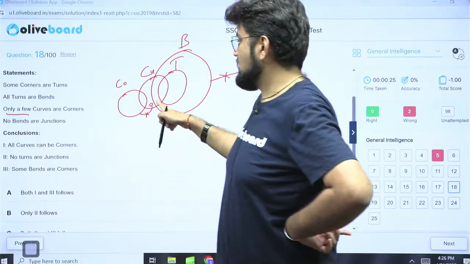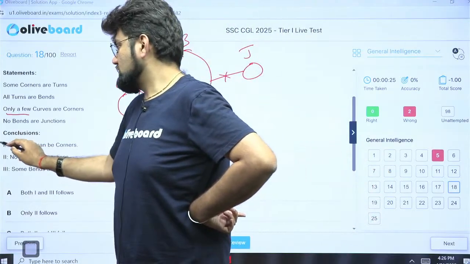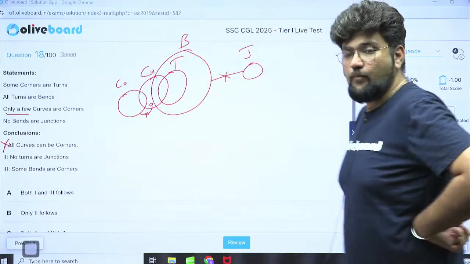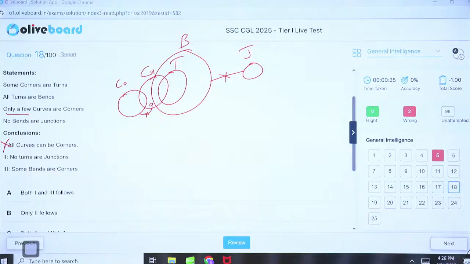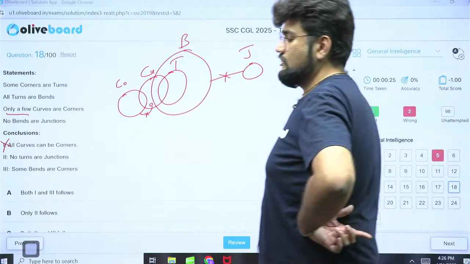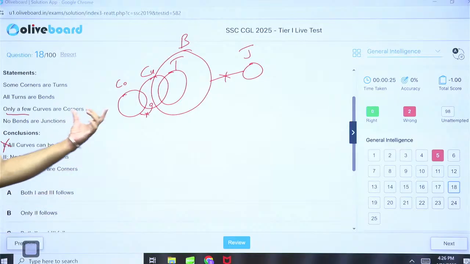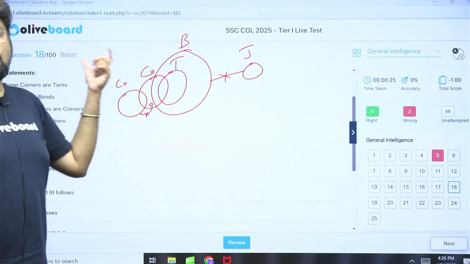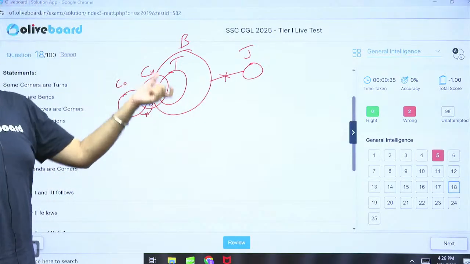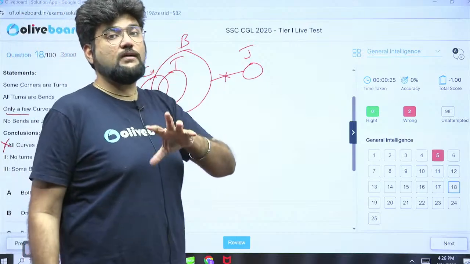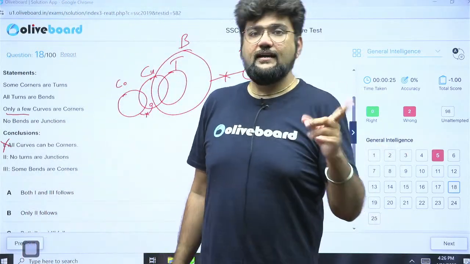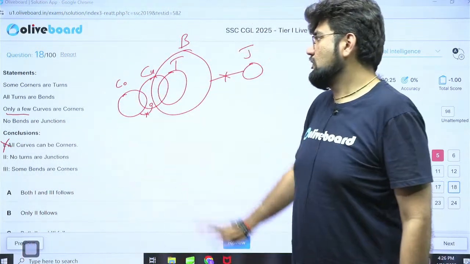Not possible because some are definitely not. So this is not possible. Even if it is a possibility, it will still be incorrect because only a few means that there are two definite conclusions here: some curves can be corners, some curves cannot be corners. And if some curves are not corners, then definitely I cannot put all of them under this category.